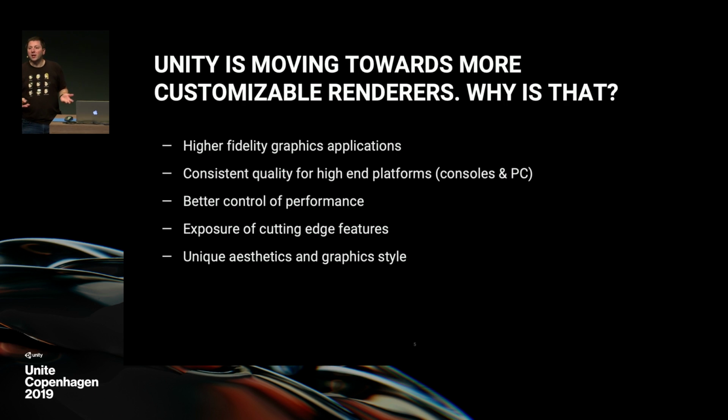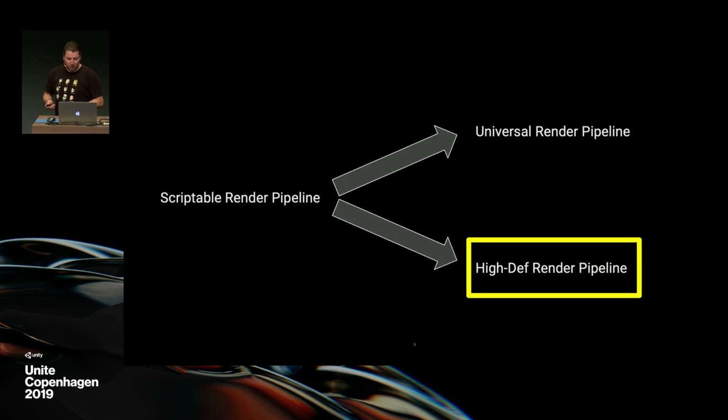And finally, unique aesthetics and graphic styles. Breath of the Wild is a very unique-looking game. It's not quite toon shading. What if we all used the same toon shader? It'd be kind of boring, right? Being able to write your own renderer allows you to customize that look and create a new visual fidelity that defines more of the spirit of what you're trying to achieve with your applications.